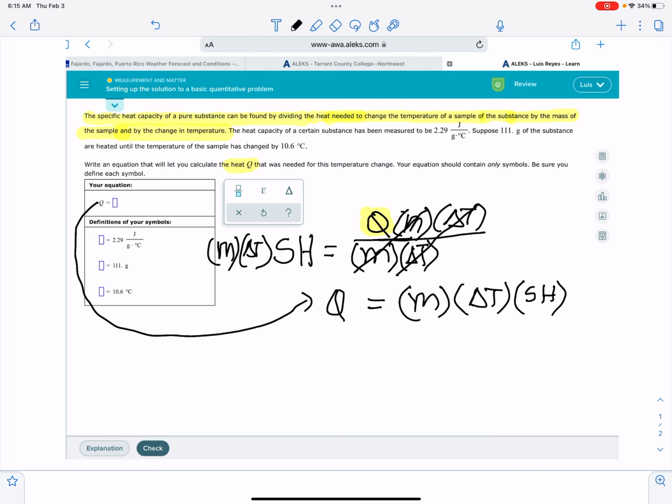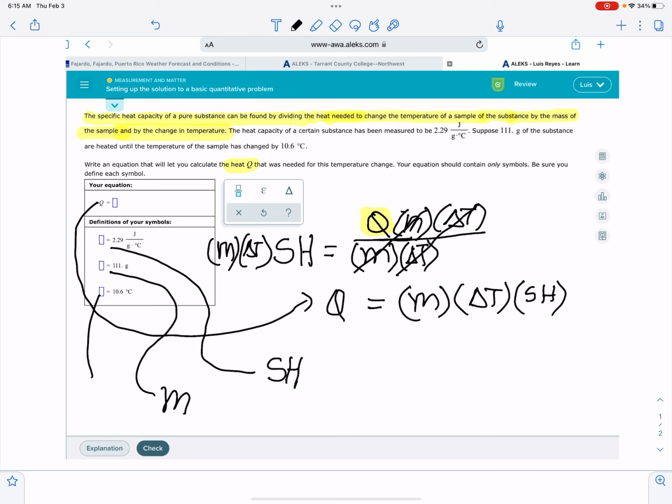To make sure that the program understands my variables, I have to tell the program that 2.29 J is my heat capacity. So I'm telling the program that I'm using SH for my heat capacity, M for my mass, and delta T for my change in temperature.